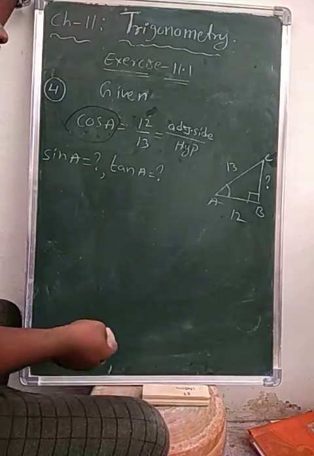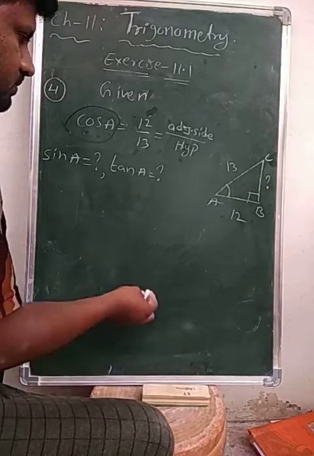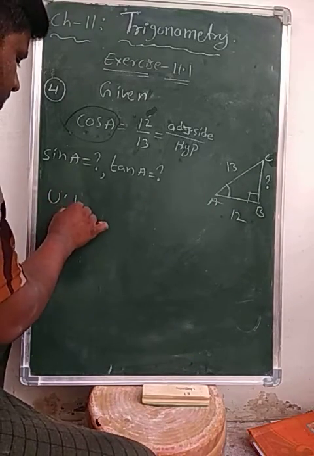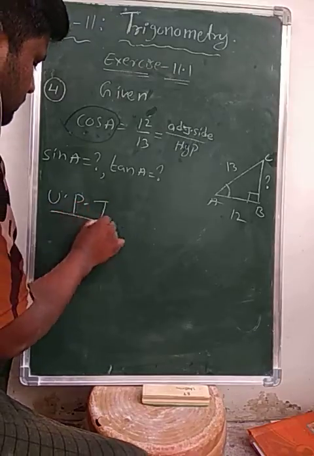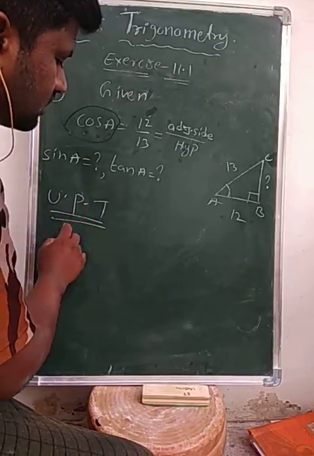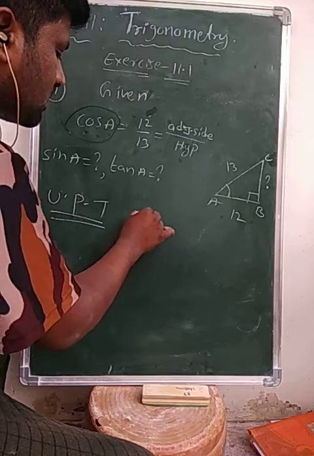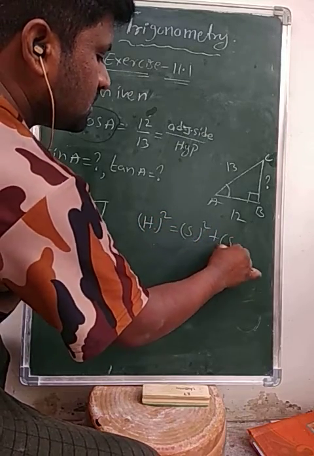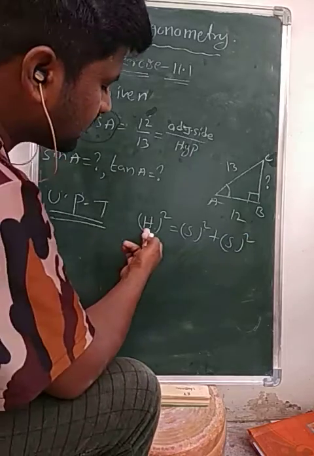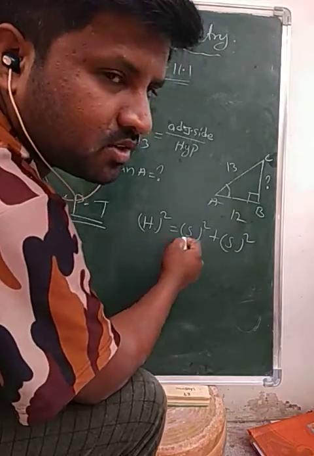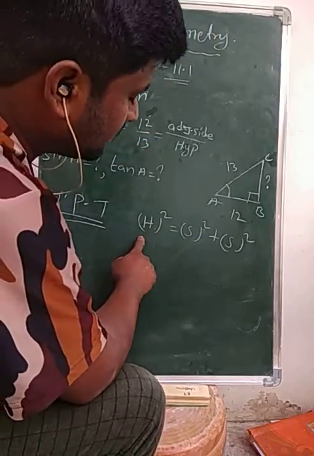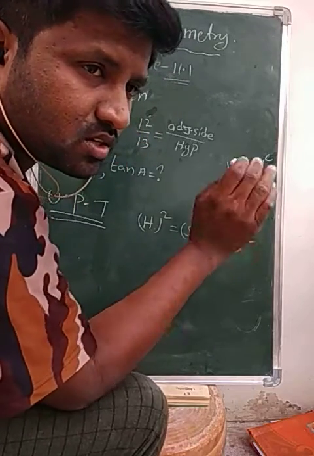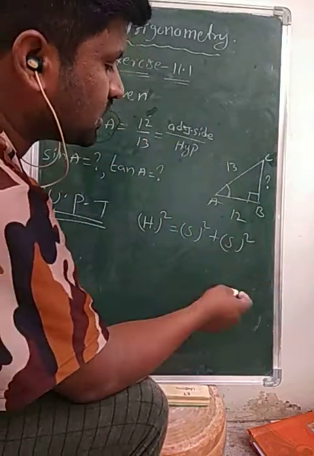Now using Pythagoras theorem: the square of the hypotenuse is equal to the sum of the squares of the other two sides.